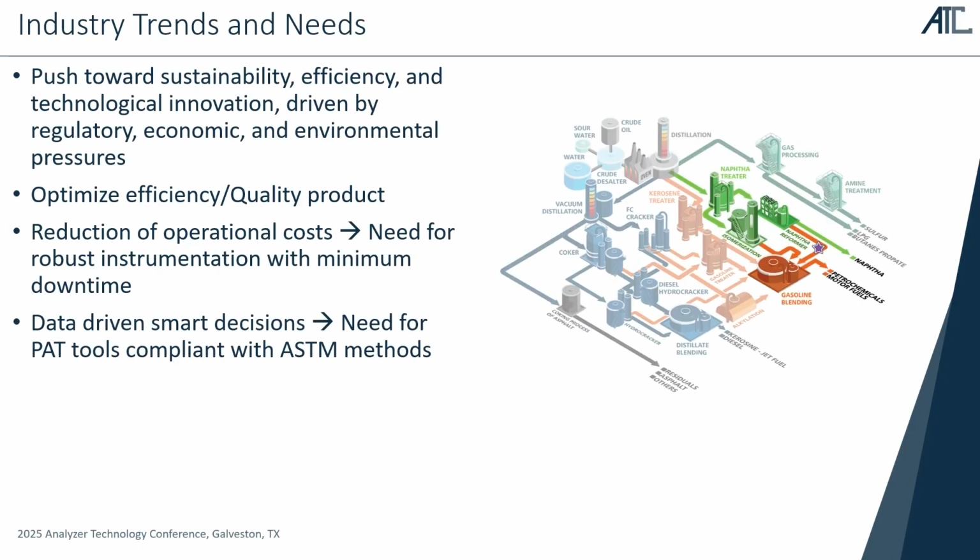So what are the industry trends and needs? Wherever I go, all your websites say sustainability, efficiency, innovation. So we as instrument vendors want to, of course, help you to achieve those goals. And behind this is usually the goal to optimize your production and to increase the quality of your product.